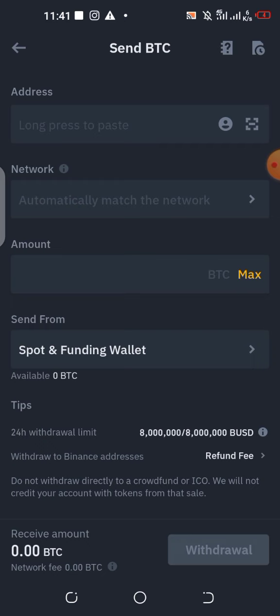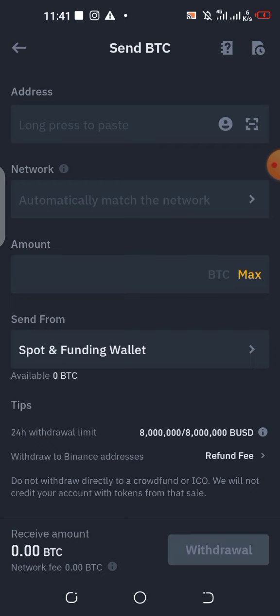Remember, after putting in all these, they will always charge something like 0.02 USDT, or like $1, or in the form of BTC. There will always be a small charge which will not even affect this arbitrage opportunity.